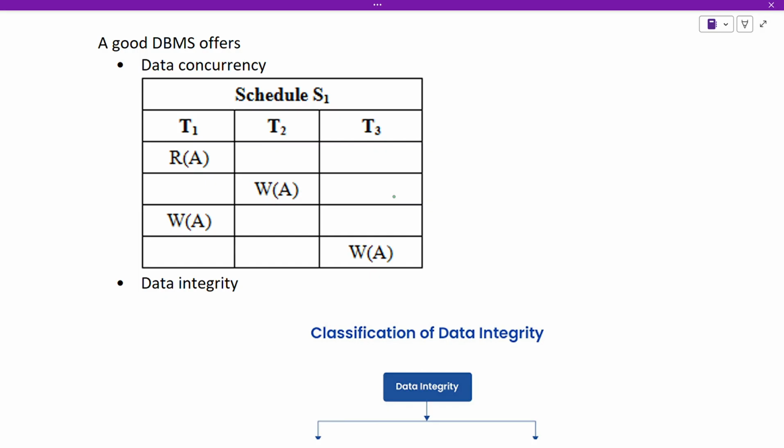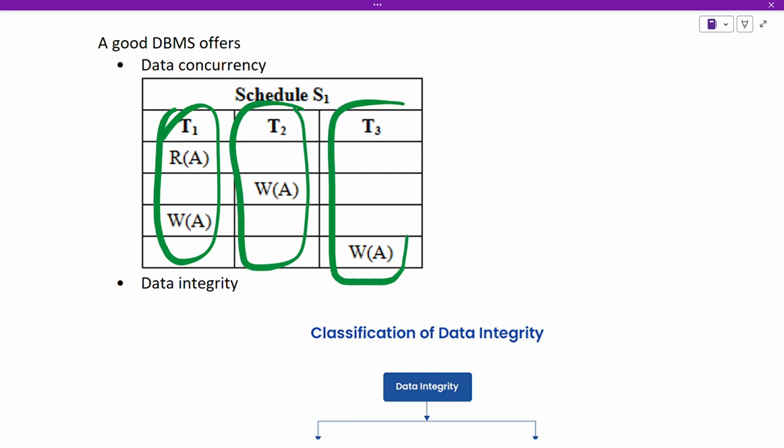So this is how a schedule looks inside a database. There will be multiple transactions running at the same time. A transaction is nothing but any operation on the database, usually a read operation or a write operation, or maybe both at the same time. This is what we call a transaction in a very light-hearted way.